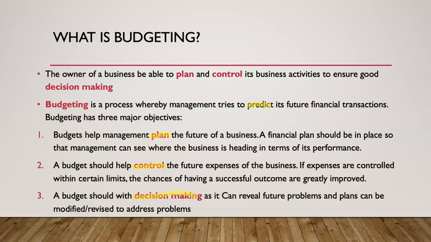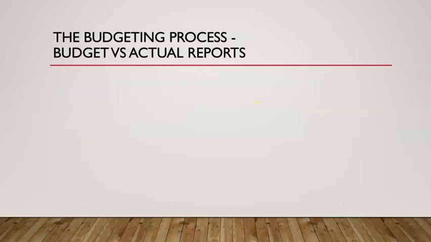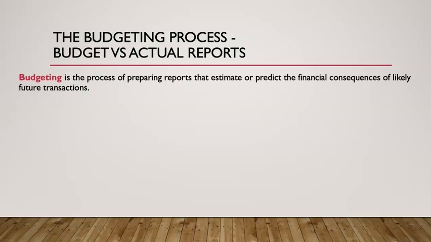And that's budgeting. So what's the key bit? Budgets are predictions, not actual reports. So budgeting is the process of preparing reports that, keyword here, estimate or predict the financial consequences. We're talking about predictions.